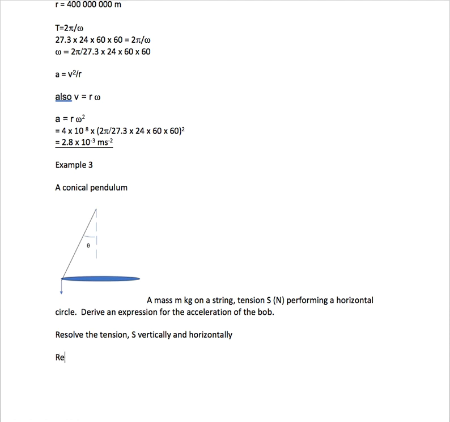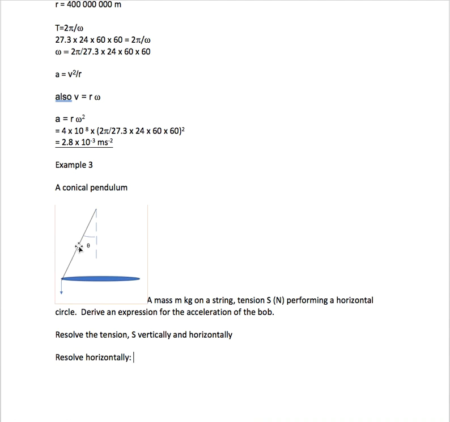So we resolve horizontally. Well, if you think about this, if you were to draw the line of action of the weight vertically up, you'd have two parallel lines, and from your maths geometry you would know that this angle and the angle in here are the same.